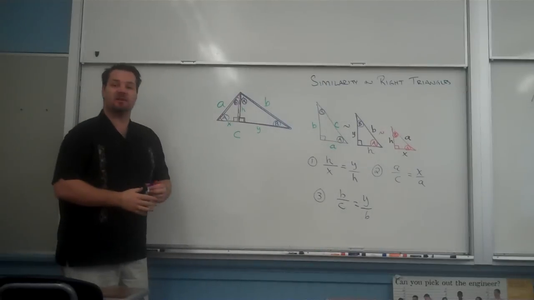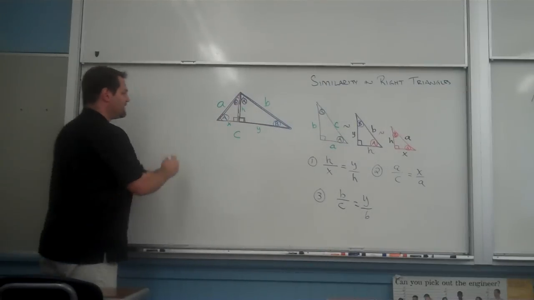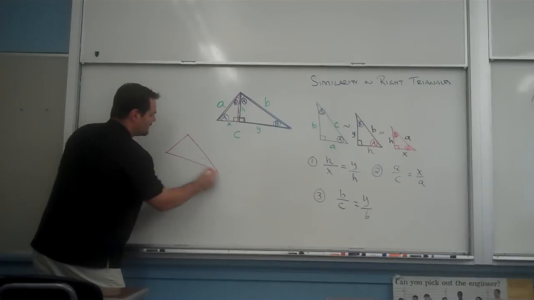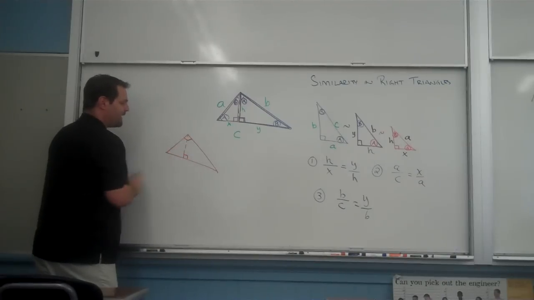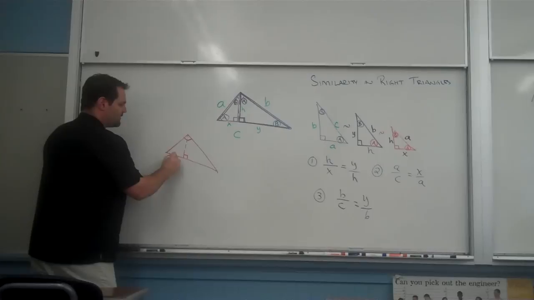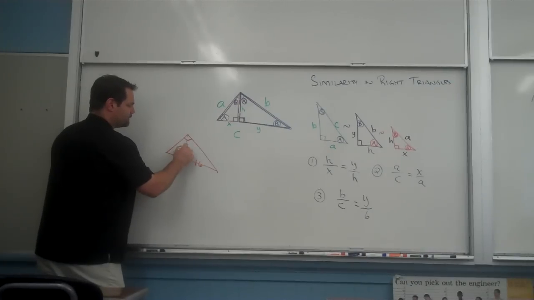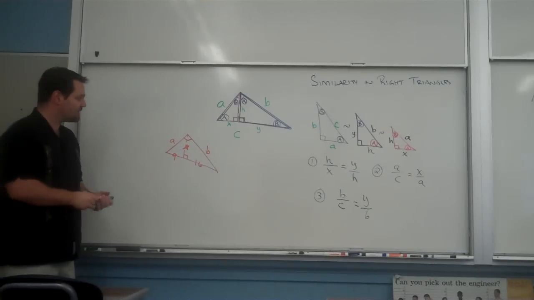Now you may ask, what good is all this stuff? What it allows us to do is solve problems with a right triangle, dropping an altitude. If I wish to find out this value, and this value, I can set up the proportions.